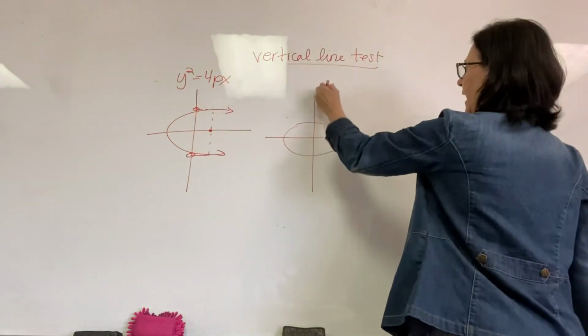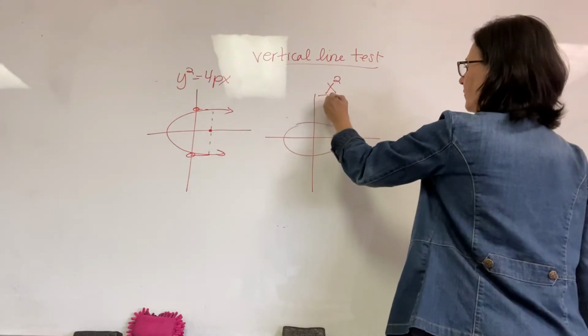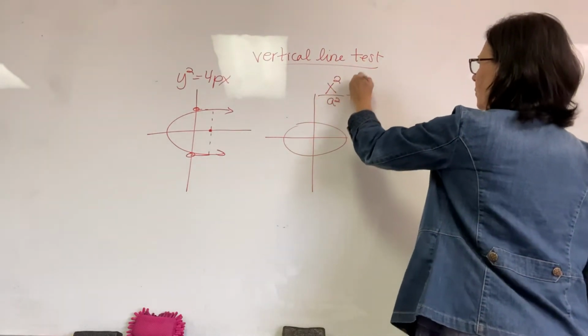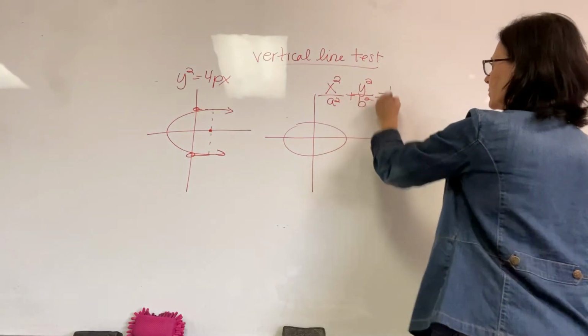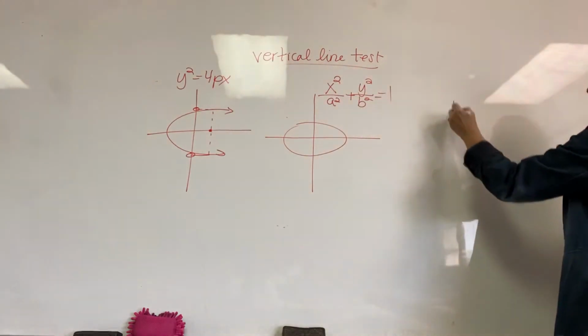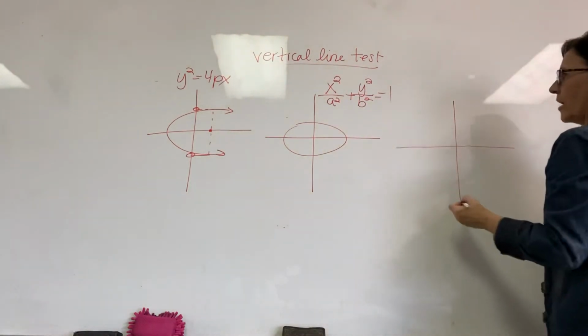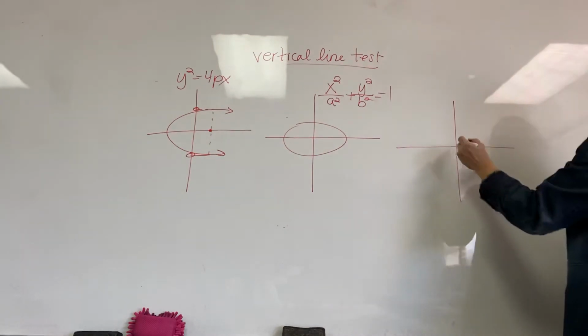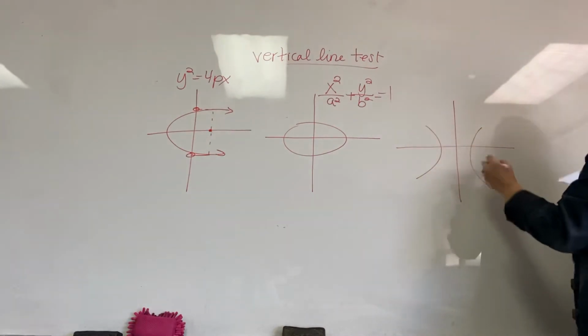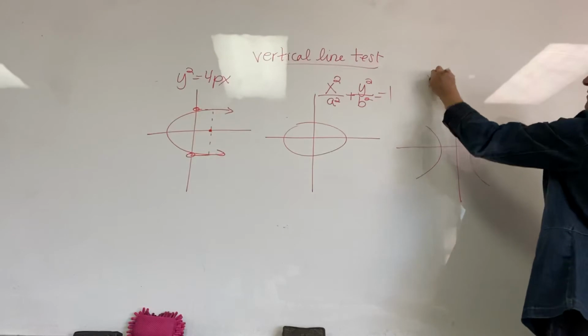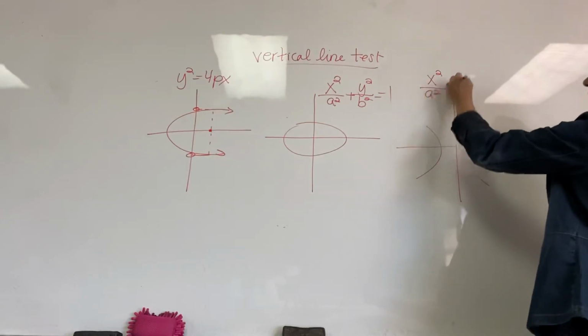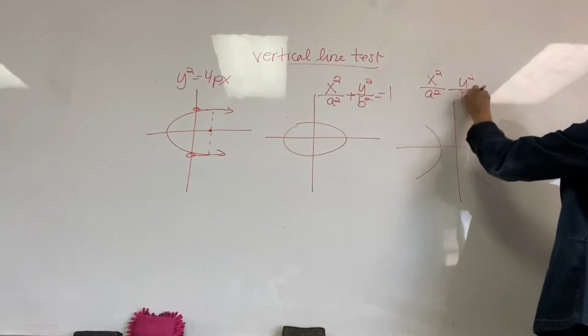This one is like x squared over a squared plus y squared over b squared equals 1. I'm going to show you why these are not functions. A hyperbola, that's a hyperbola. This is x squared over a squared minus y squared over b squared equals 1.